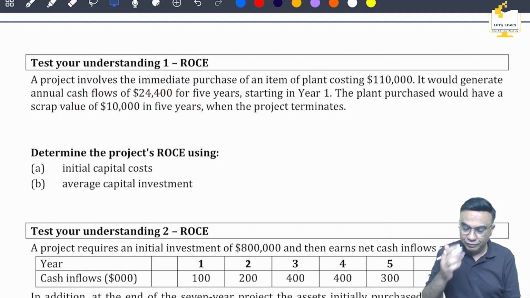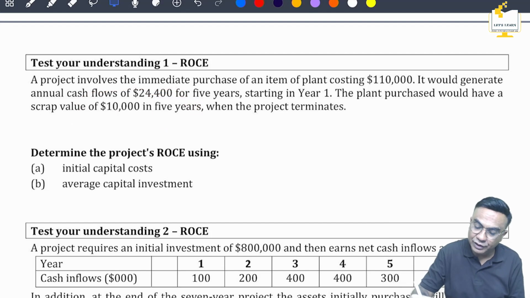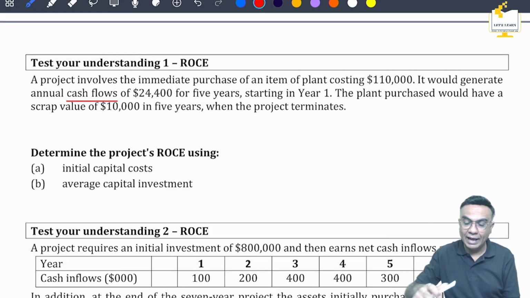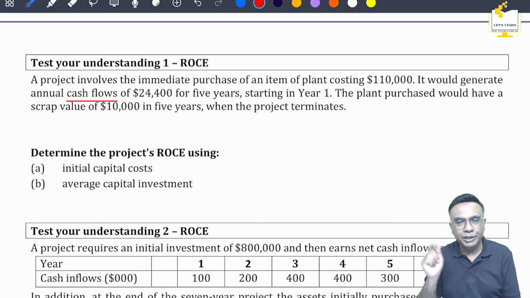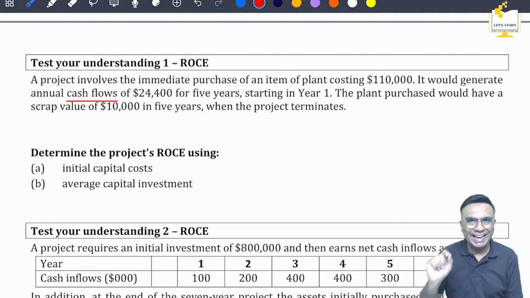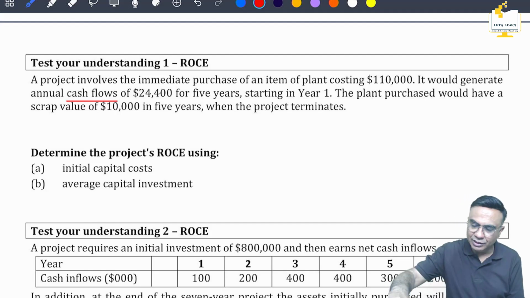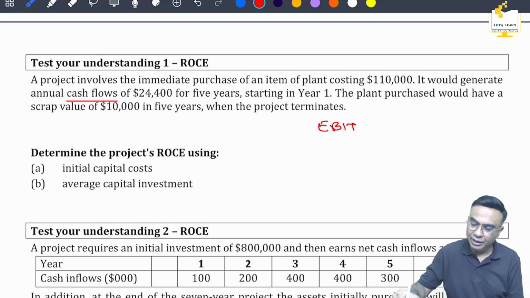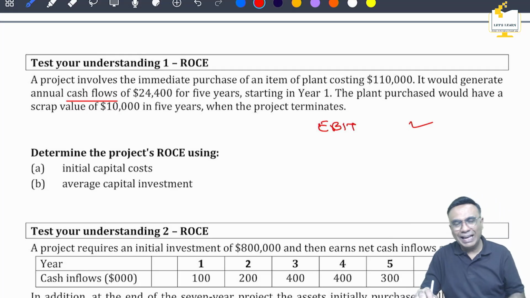Now see, first of all, understand the difference between cash flow and earning before interest and tax. When I say cash flow, it should not cover non-cash items. See, understand. We want earning before interest and tax. When you calculate EBIT, you must have deducted depreciation.